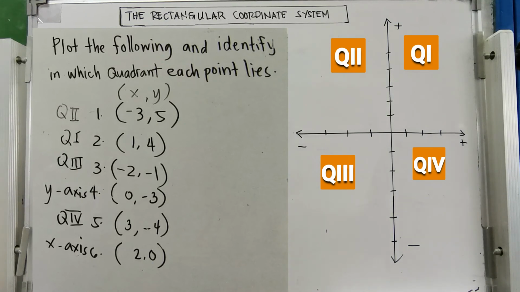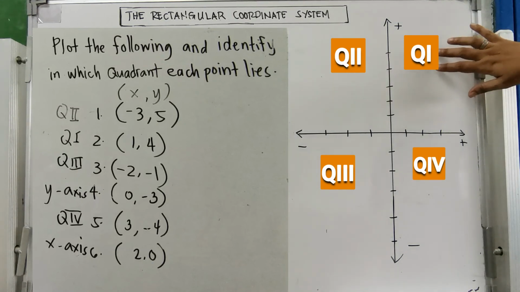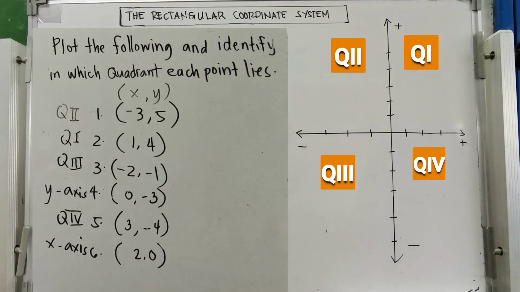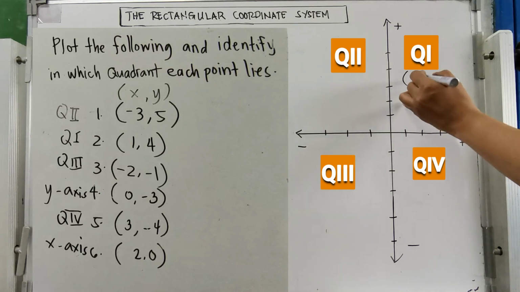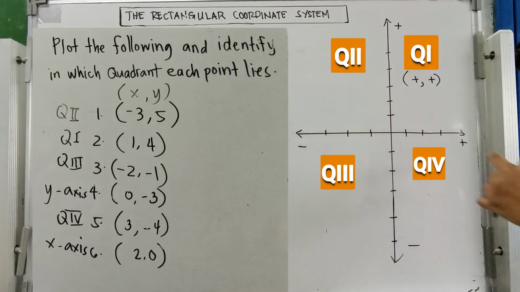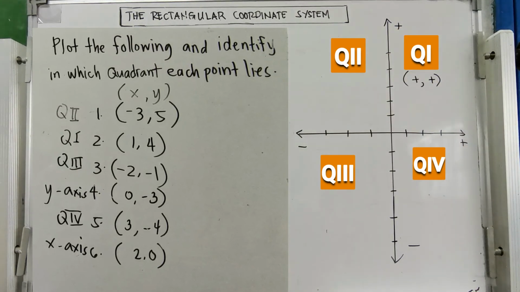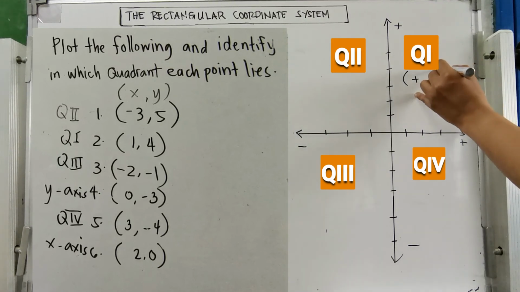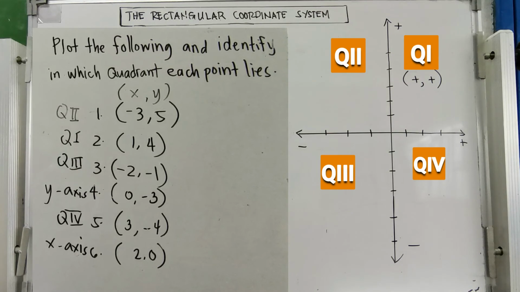So, ibig sabihin, automatic, if we're talking about points lying in quadrant 1, that is given as set of ordered pair with positive x coordinate and positive y coordinate. So, any number which are positive in x and positive din yung y, automatic, yan ay makikita sa quadrant 1.